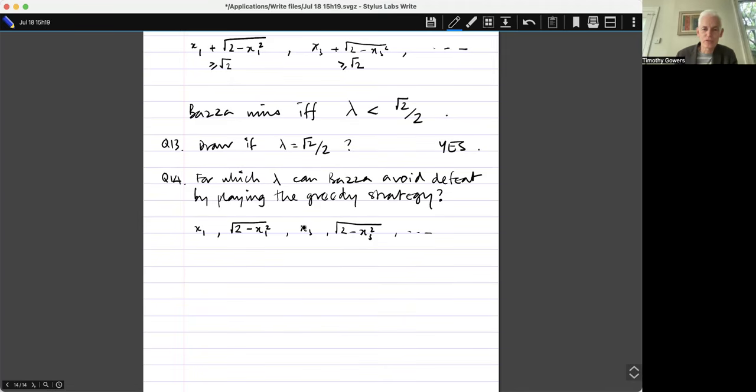It depends on x1, x3, and so on, always being less than or equal to the square root of 2. So if somehow we know that Alice's moves are always going to be less than or equal to the square root of 2, then Bazza can just play this strategy and will never get into any trouble because the sum of the squares will be n after every even move.